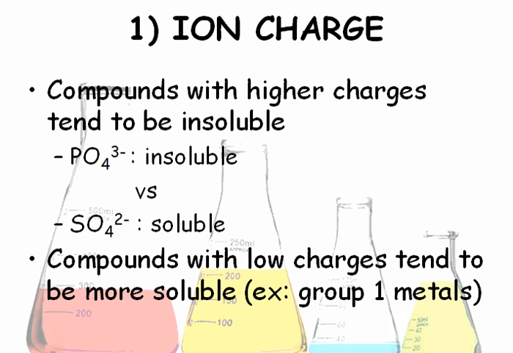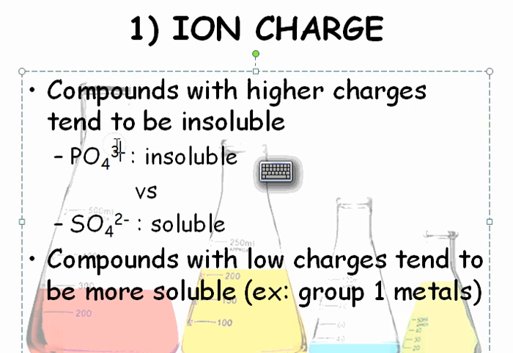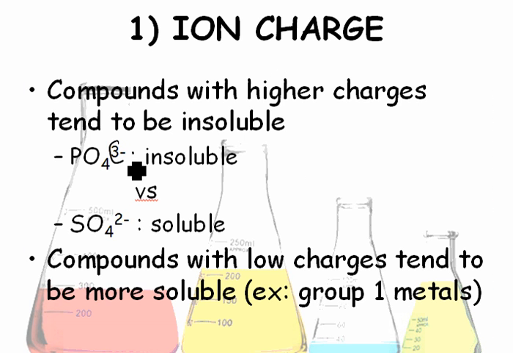So something like a phosphate ion would be insoluble compared to something like a sulfate ion, because the phosphate ion has a 3 negative charge, whereas the sulfate ion has a 2 negative charge. Compounds with lower charges tend to be more soluble. So anything like a positive 1. Okay, so that's your group 1 metals.